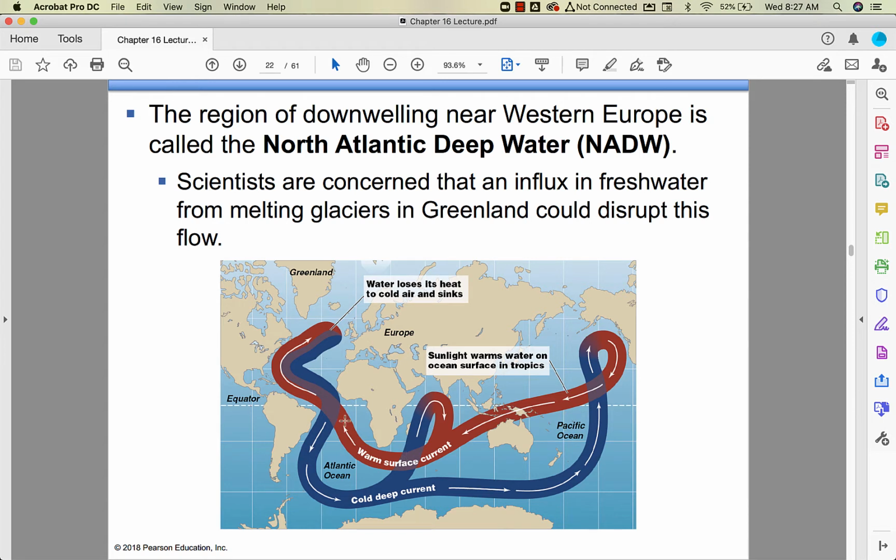So the surface currents are in the red, and the deep currents are in the blue. This is the Gulf Stream, right? The Gulf Stream runs up the east coast of North America, and it's warm. As it gets up to the northern reaches, it's going to cool down, and it's going to sink, right?